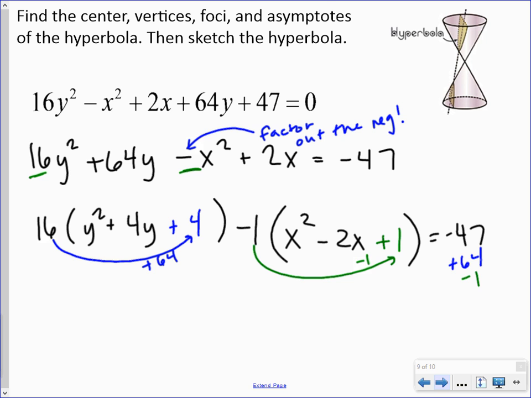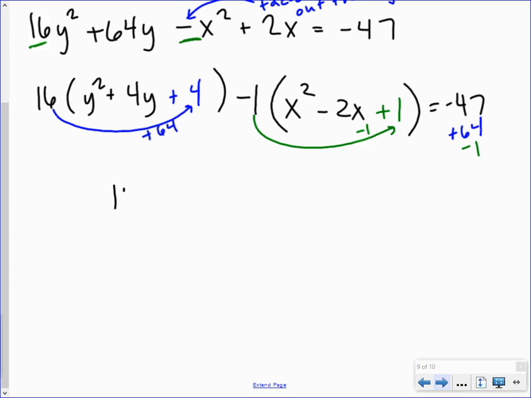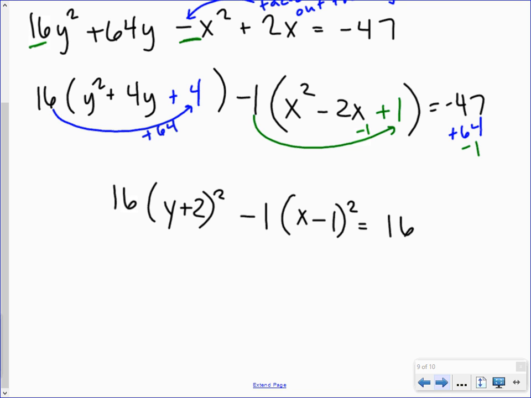And then simplify. So keep my 16. Simplify this. This would be y plus 2 times y plus 2, which is just y plus 2 squared. Keep my negative 1, and then x minus 1 squared. And then this should be 16. Did I do my math correctly?